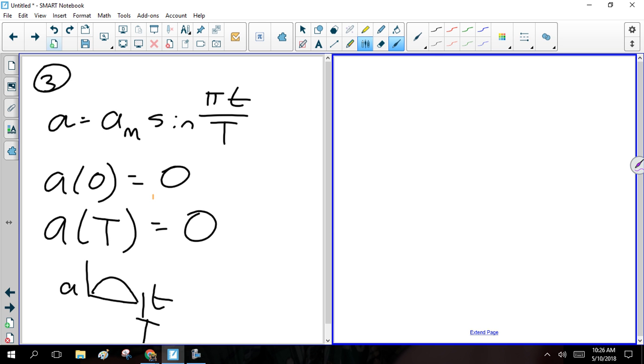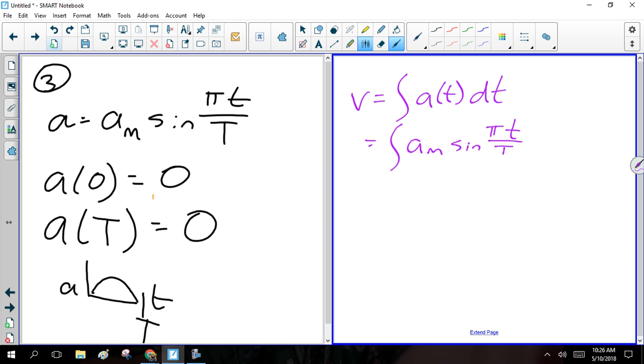So here's the deal. Our velocity should be the integral of our acceleration with respect to time, right? So that's the integral of a max sine pi t over period with respect to time. So integral of sine is, what, negative cosine? Right? But I'm going to have to do chain rule, right?